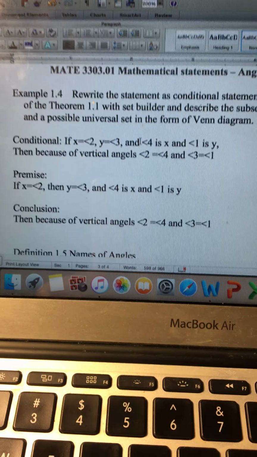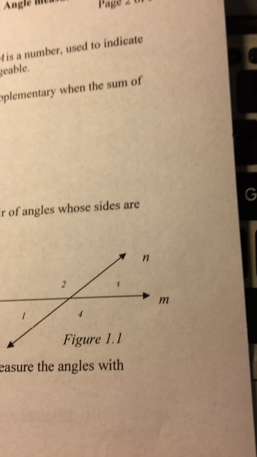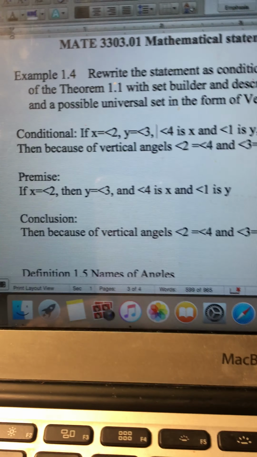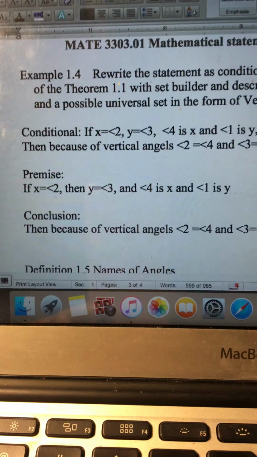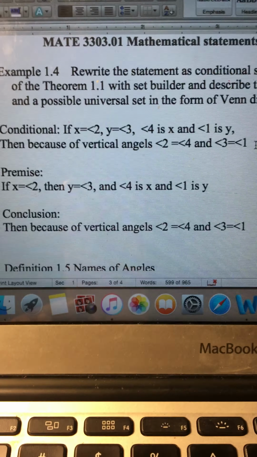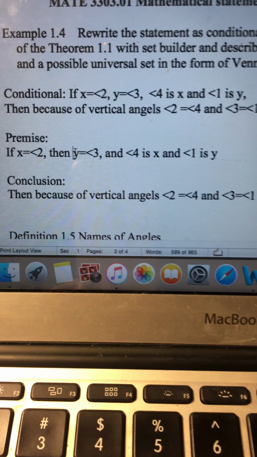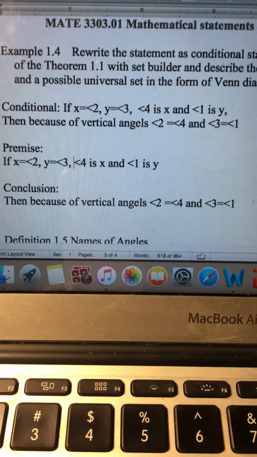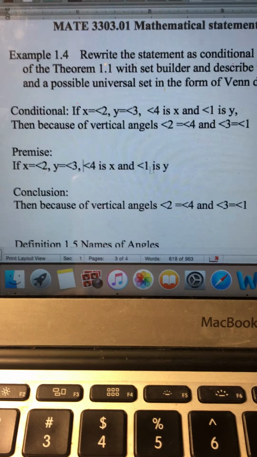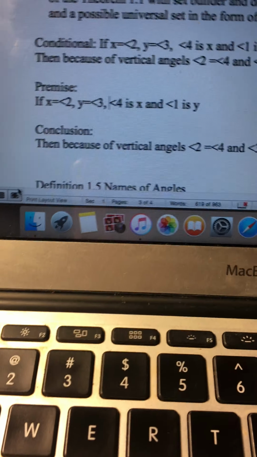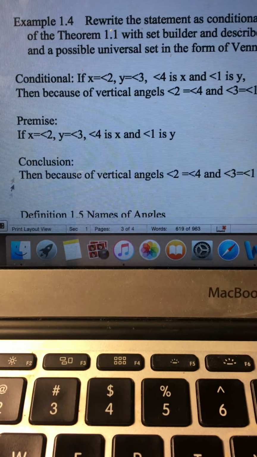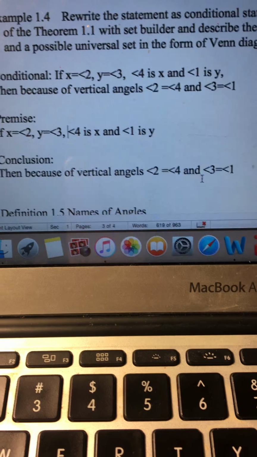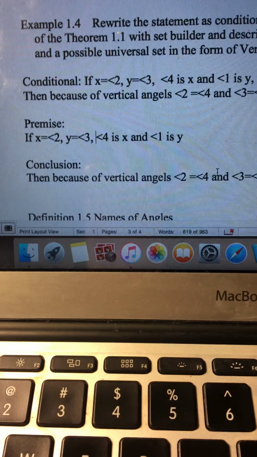So referring back to figure 1.1, the premise, or hypothesis in other words, is if x equals 2, y equals the measurement of angle 3, angle 4 is x, and angle 1 is y, then the conclusion is that because of vertical angles, angle 2 equals angle 4, and angle 3 equals angle 1.